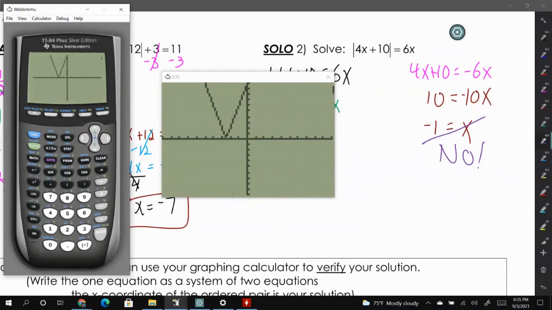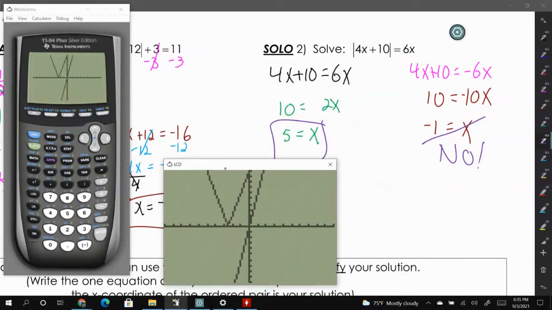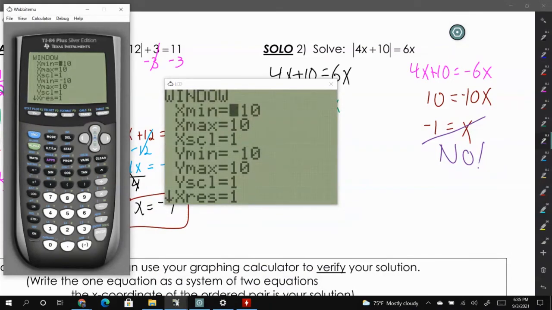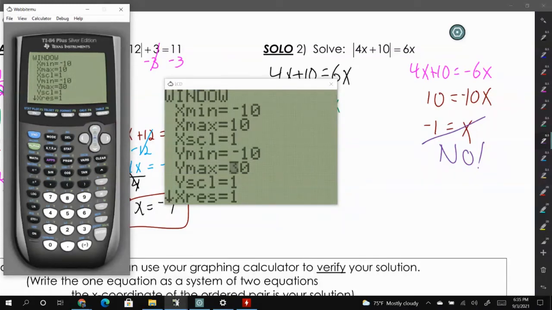And we see that the intersection point isn't on our graph, but we do notice that it's going to happen up here somewhere. Let's adjust our window. Our y max needs to be a little bit larger, so let's make this 30. And see if we can see the intersection point at that point. It's getting there. We can kind of see it, so let's go a little bit larger.